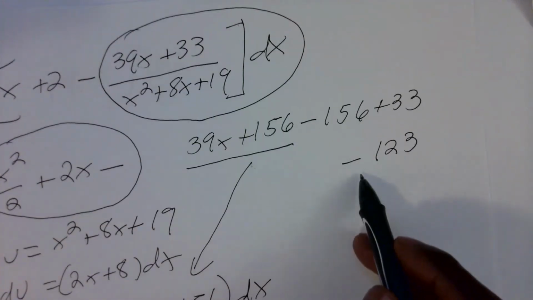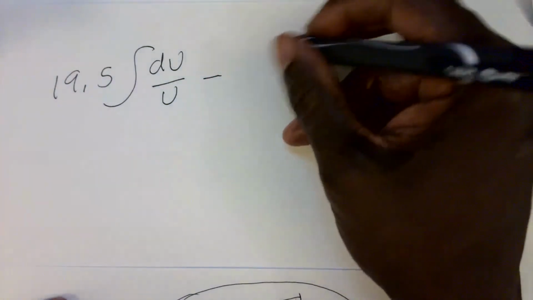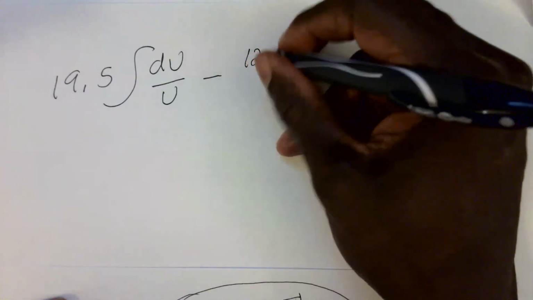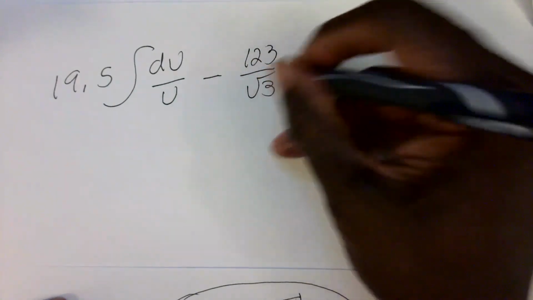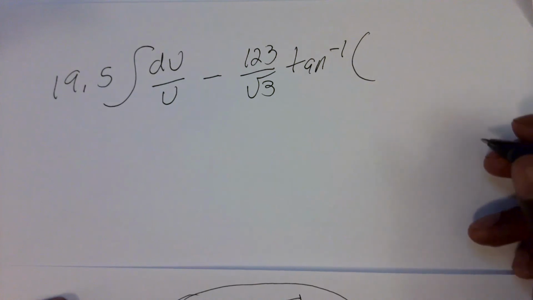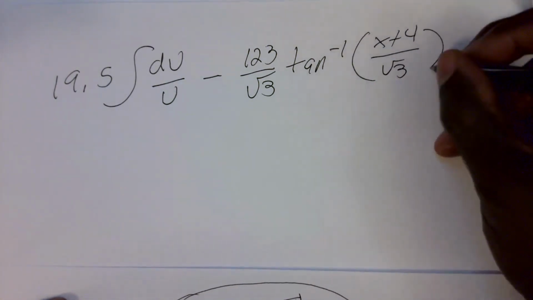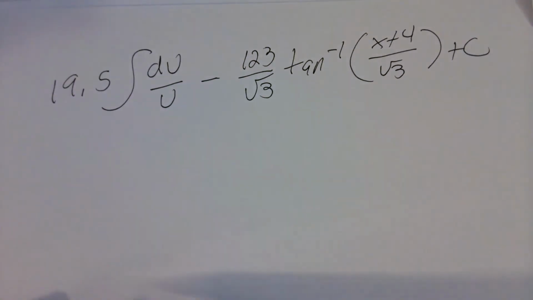And for the minus 123, that's going to be 123 over the square root of 3 arctan of x plus 4 over the square root of 3 plus c. I can already take that one.